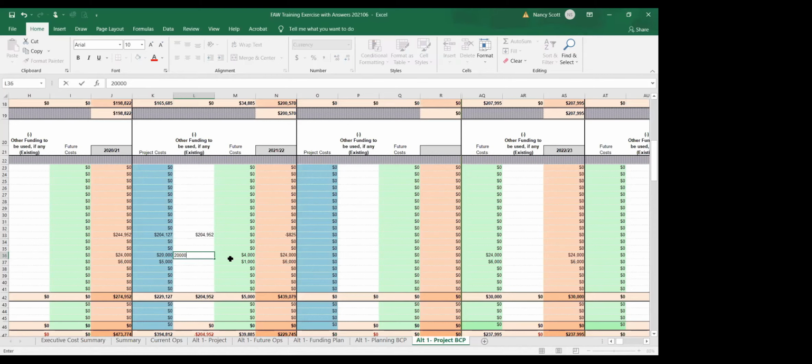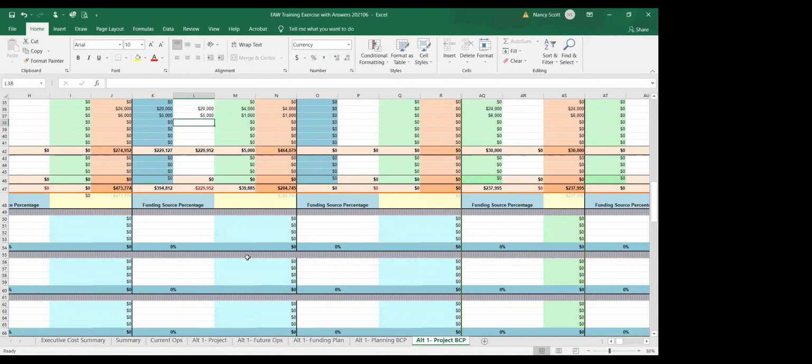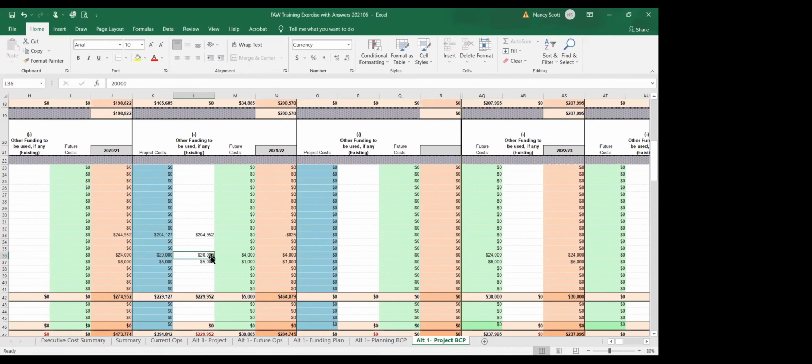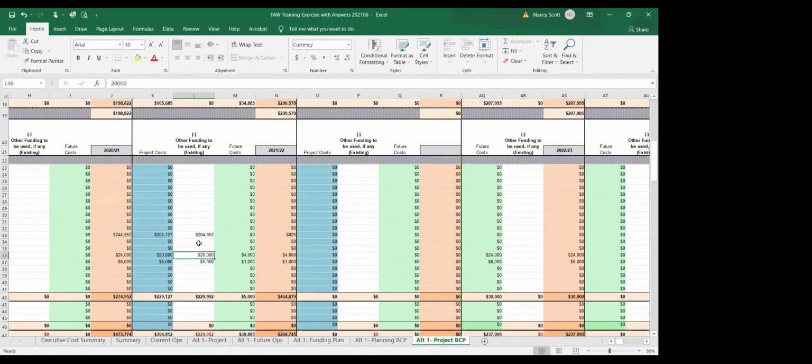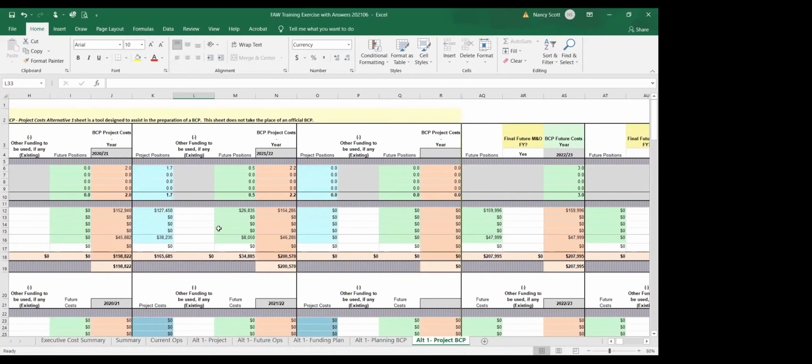So if I said I have 400,000, I would just be letting them know that this is where that funding came from, and what was excluded and what was used for existing funds. So hopefully that made sense.